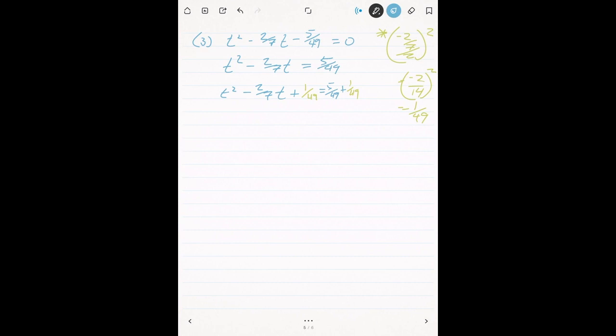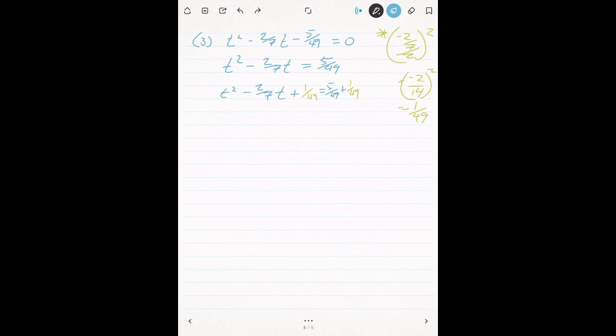All right, well, let's take a minute to first make sure that we are starting off with the correct values that we need. Notice that I first added the 5/4 over, just like we're normally doing. Then I had to figure out what this middle term was when I divide it by 2 and then square it. So you can see off to the side here with the green writing, I took negative 2/7 and divided by 2.